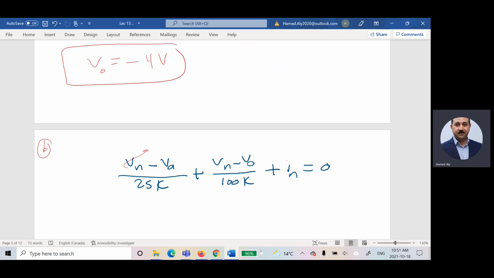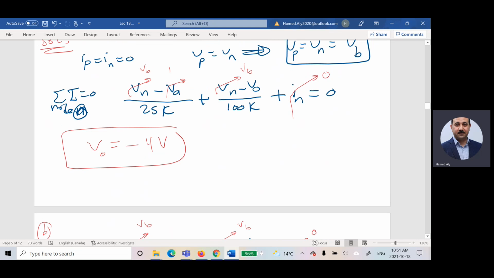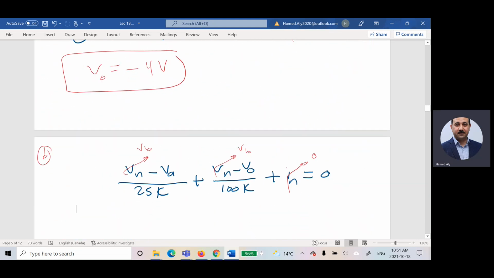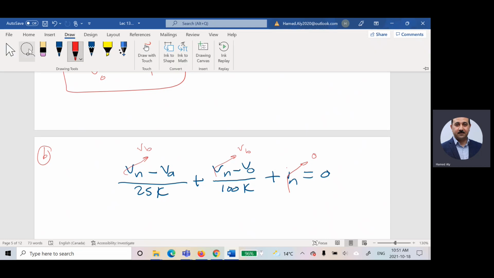This guy is VB, and this guy is VB, and this guy is 0. VB is equal to 2. Let me copy this first, because I will need it for the last step.